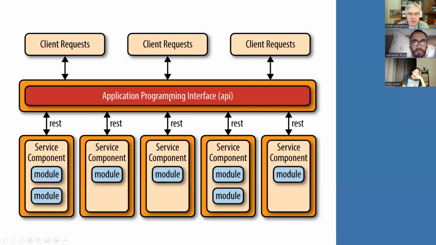Typical REST-based architectures tend to have more coarse-grained service components, and that limits the scalability. This is what the microservice architecture addresses. You know, keep it small, smaller than that too.